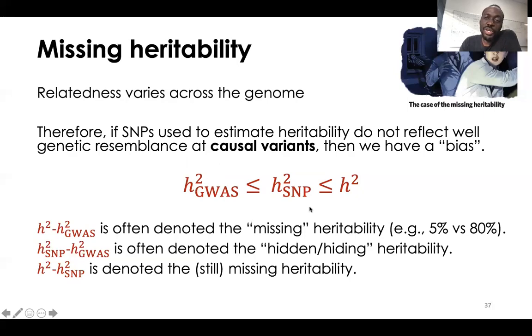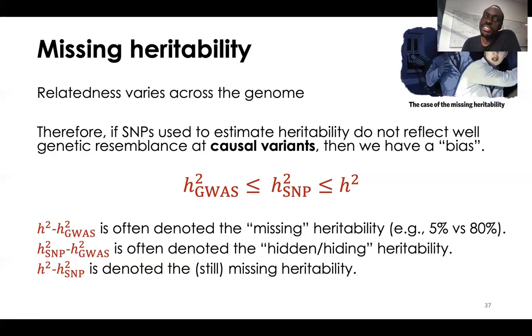Based on a number of publications, in particular seminal work from Jian Yang in 2010, we know that as we increase sample size, if we hold constant the set of SNPs over which we test associations with our phenotype, we expect the hidden heritability to go to 0.